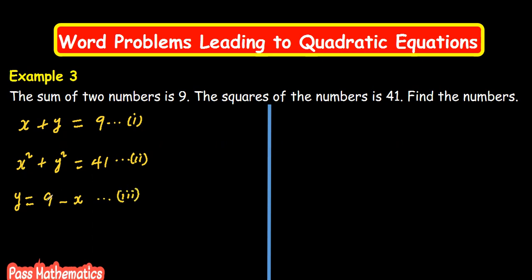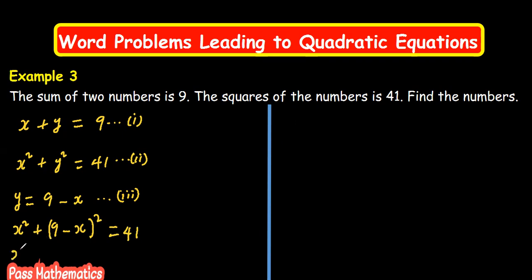Then we can substitute the value of y into this now. So in equation 2, which means you have x squared plus (9 minus x) in brackets. Mind you, the value of our y here is y squared, so we are going to square this. Bracket this and square it, yes, and the result is 41. So let's find the value of this.